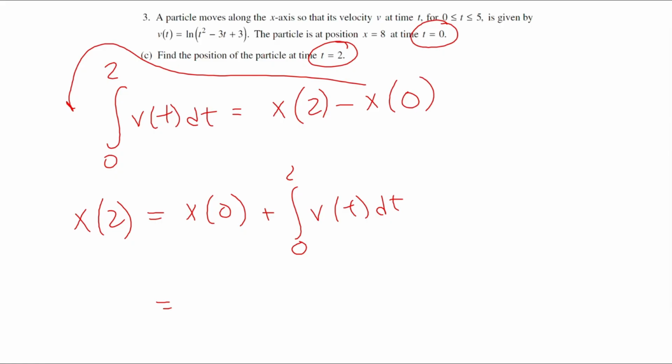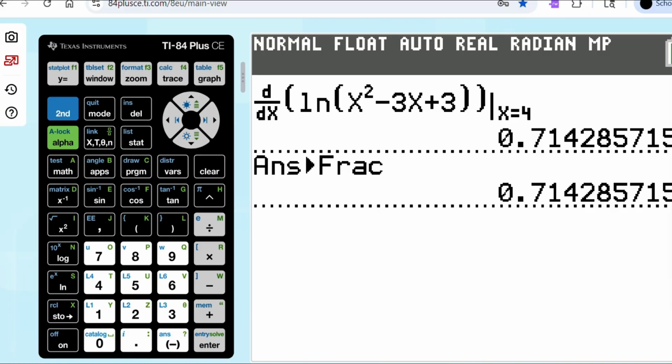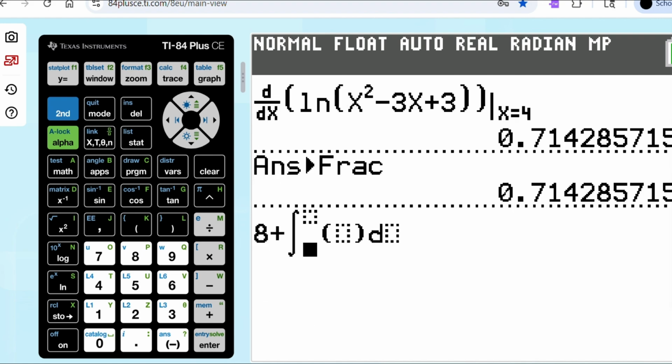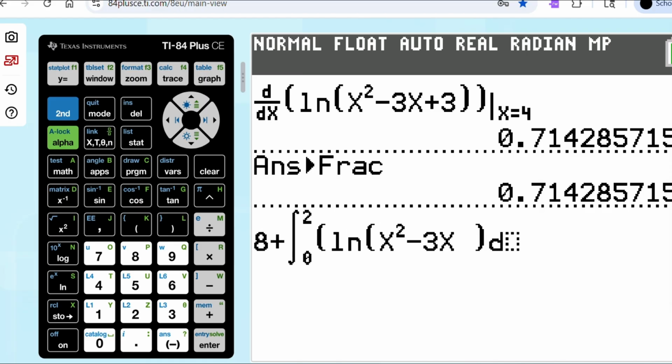We're just going to use our calculator, because this is a calculator question. So we've got 8 plus math, option number 9 for the integral, from 0 to 2 of our velocity function, which was the natural log of x squared minus 3x plus 3 dx.